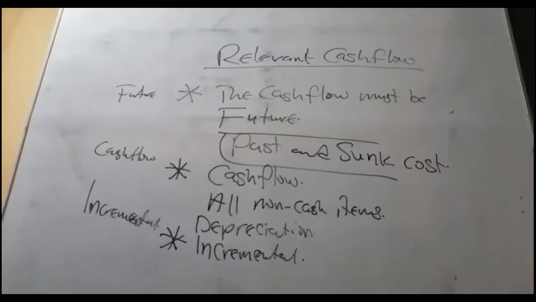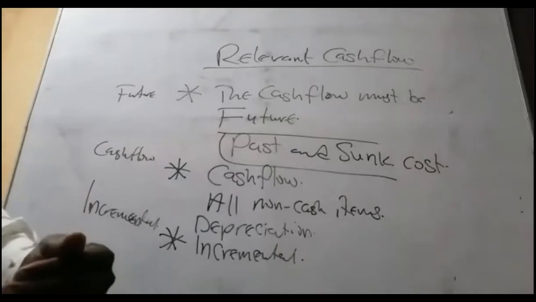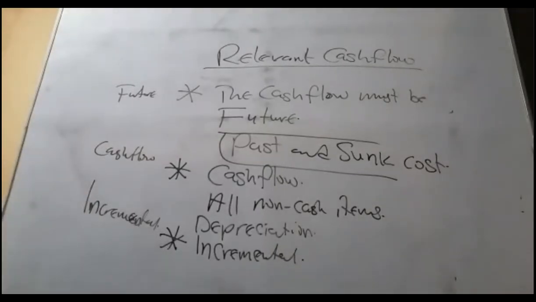It is incremental. It moves with the project. When the project moves, that cash flow also moves. So that is the incremental cash flow. Here, it means that general fixed costs must be ignored.